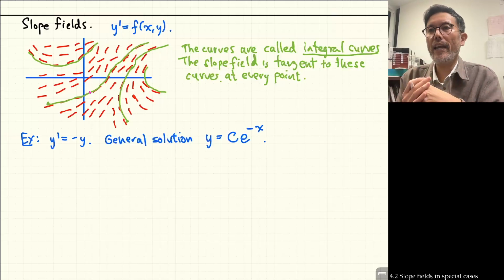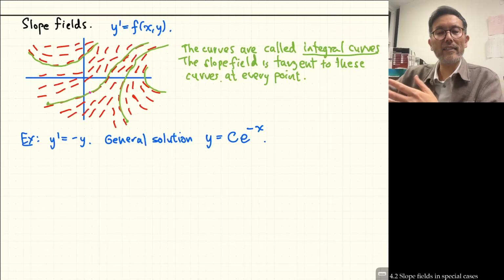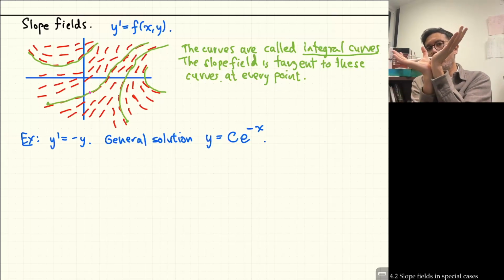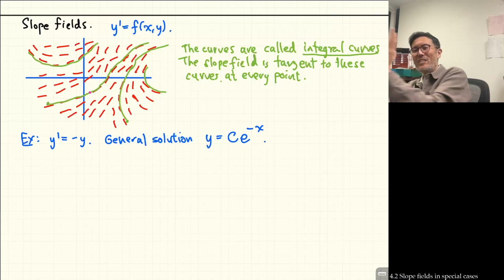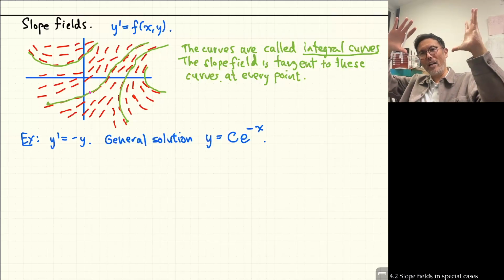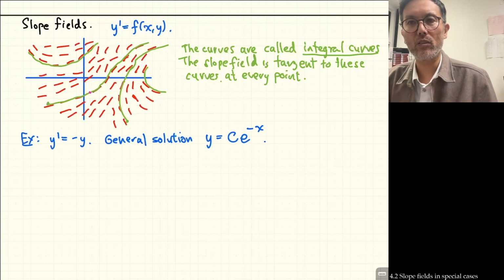And this is a manifestation of the fact that the slope field has that horizontal invariance that I was telling you about. You can move all of the line segments horizontally, right? And nothing changes about the slope field.